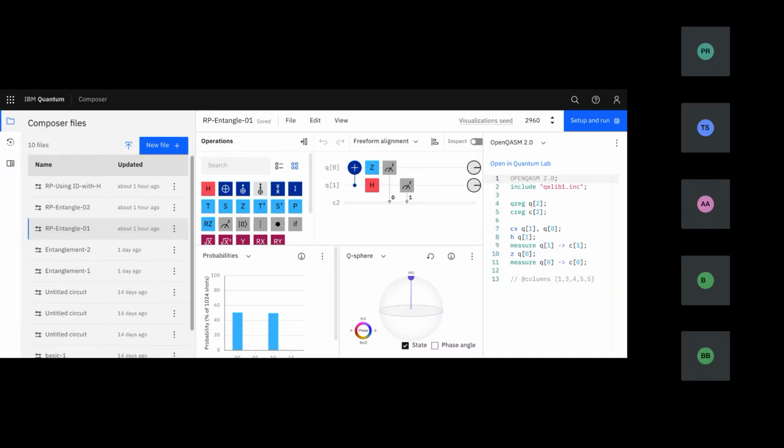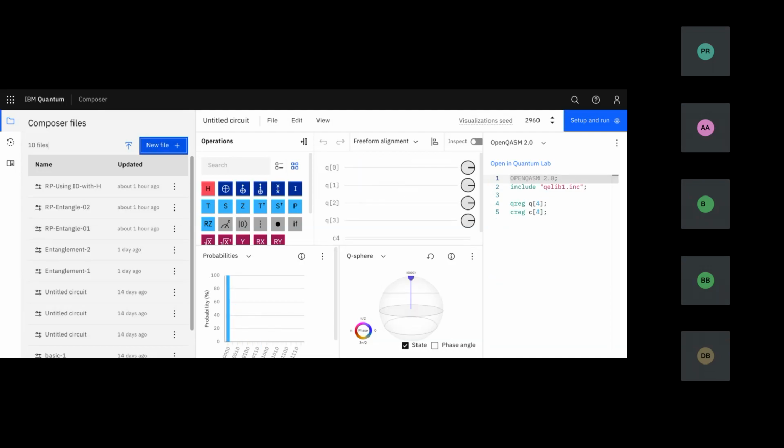Yeah. Okay, good. So before even doing anything, I'll just create a new file. I am in the composer and I am just saying create a new file. When I create a new file, I get default Q0, Q1, Q2, Q3 and classical bits C1, 2, 3, 4.